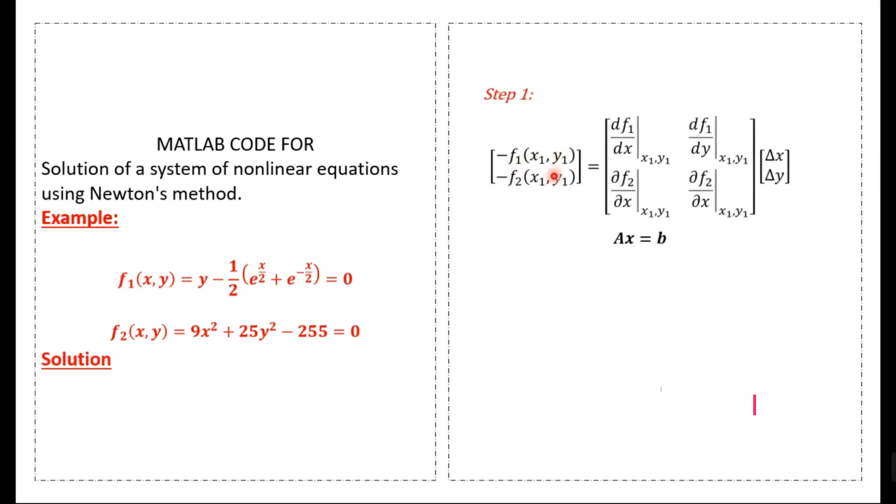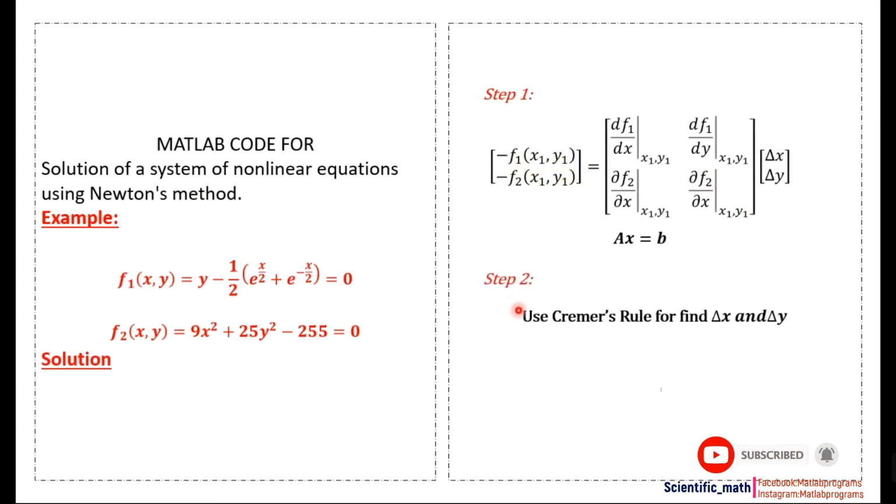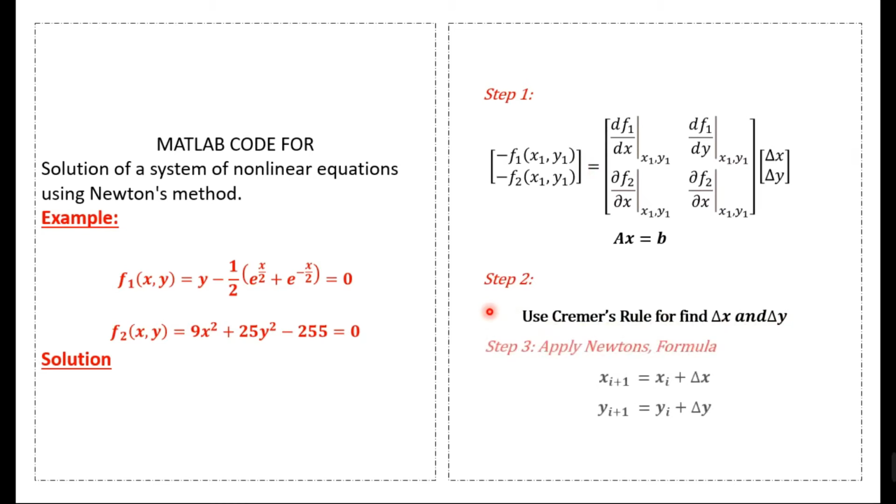First we write these matrices, and then we have step 2. We use Cramer's rule for finding del x and del y, and third we apply Newton's formula to calculate the new estimated solution for the nonlinear equations. So on these steps we write a MATLAB code.